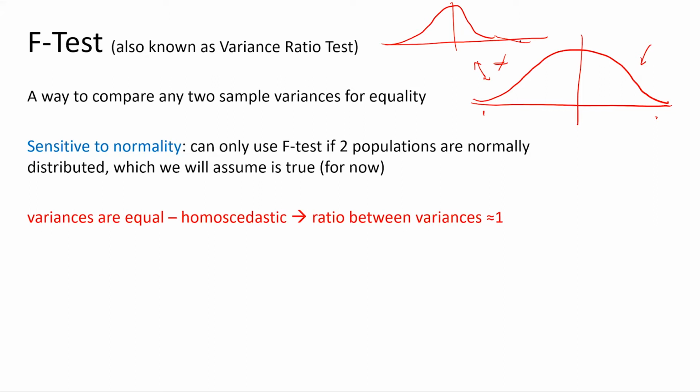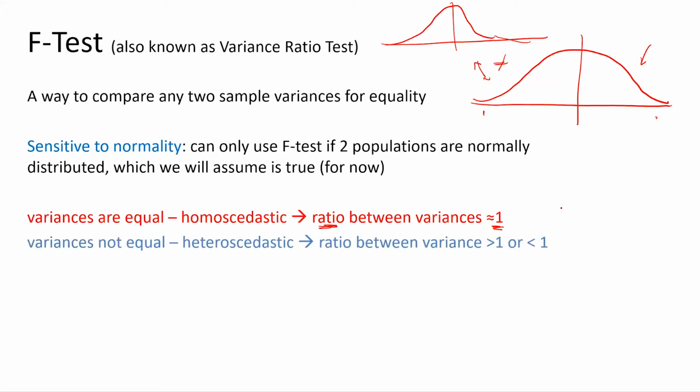If the variances are equal, we can do what's called a homoscedastic t-test, where the ratio between the variances is approximately 1. If a ratio is approximately 1, that means that the variances are pretty much equal between one population and the second population.